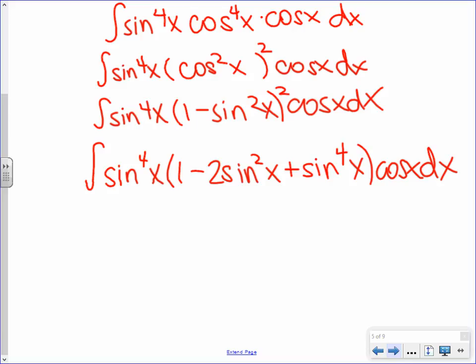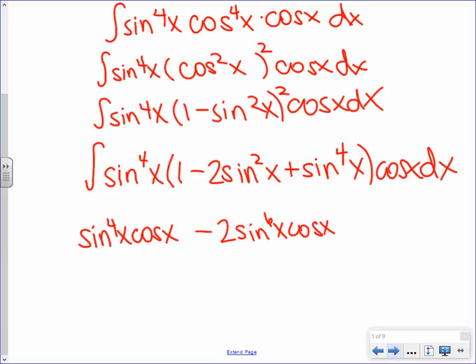So we're going to distribute sine to the fourth times cosine to that trinomial. Ready? Sine to the fourth x times cosine x times 1, minus sine to the fourth times cosine times 2 sine squared, and then sine to the fourth times cosine times sine to the fourth.